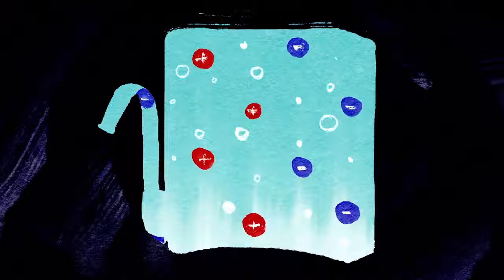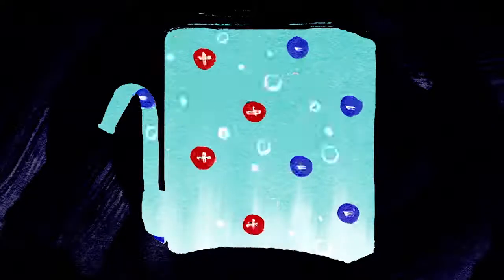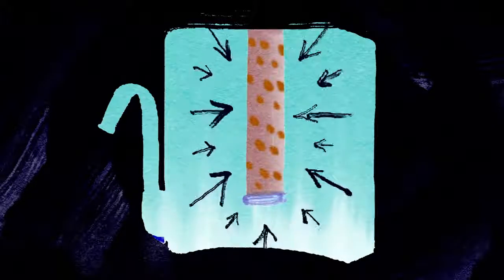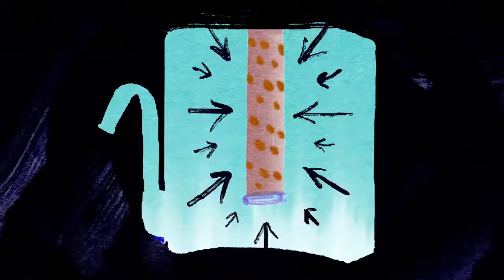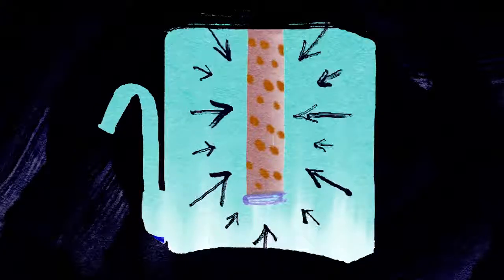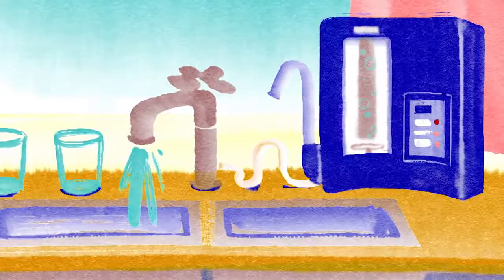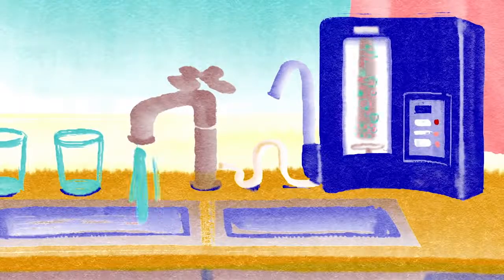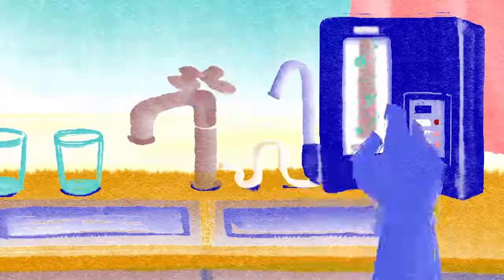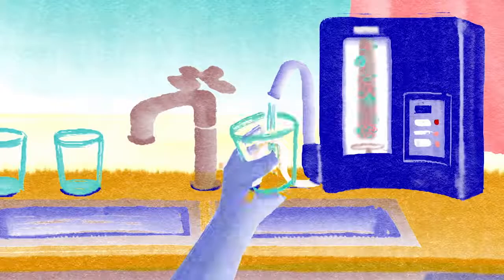Today, point-of-use processes usually involve ionization to lower mineral content. They also use adsorption filtration, where a porous material called activated carbon strains the water to remove contaminants and chemical byproducts. While it's not always an effective long-term solution, point-of-use treatment is portable, easy to install, and adaptable.